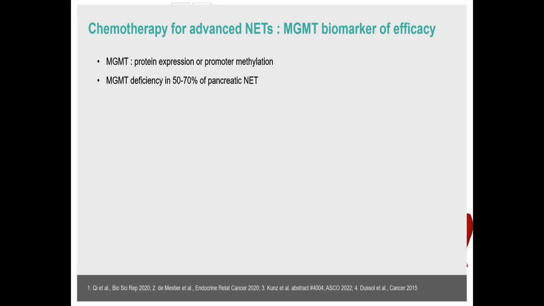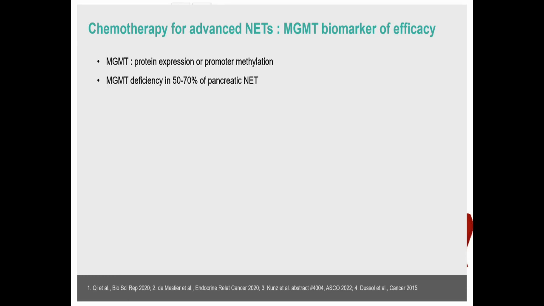This is an enzyme called MGMT, methylguanine methyltransferase, which is a protein that is responsible for inactivation of temozolomide and repairs the DNA damage which is provoked by chemotherapy. This is very interesting because the more MGMT you will have in the tumor, the less effective the chemotherapy will be.